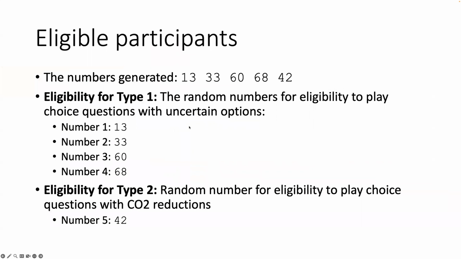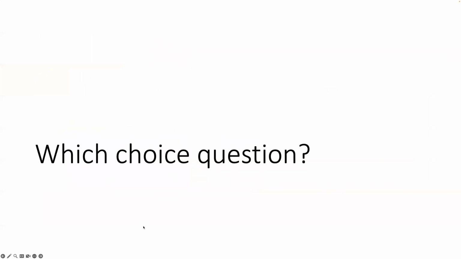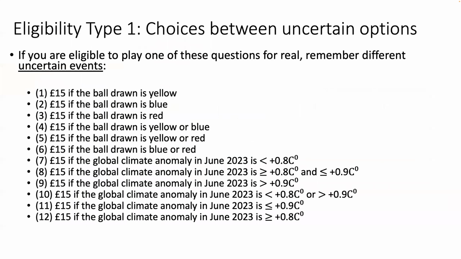And let's continue. Now that we know who the eligible participants are, let's move to the question, which choice question? So let's see which of the choice questions will be played for real. For the type 1 eligibility, recall that during the study, you encountered in total 12 different kinds of uncertain options as option 2.